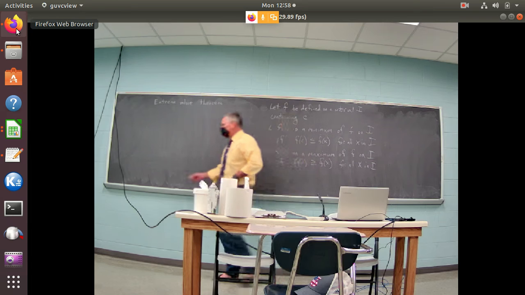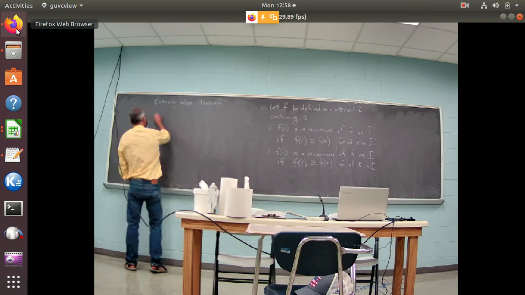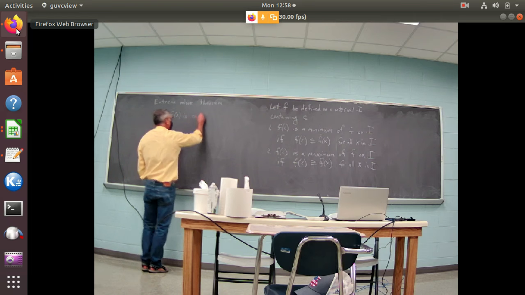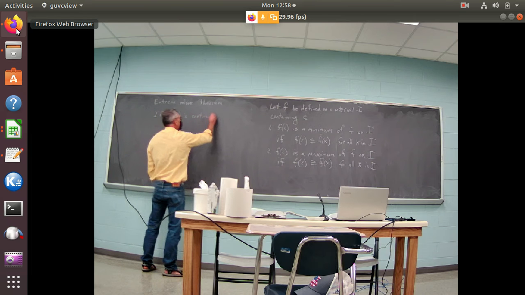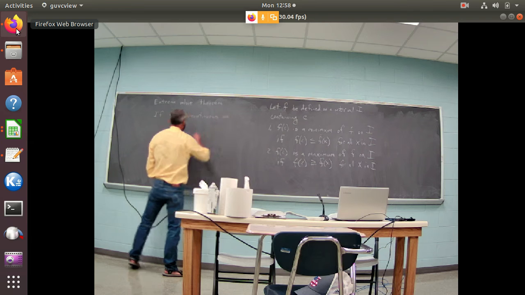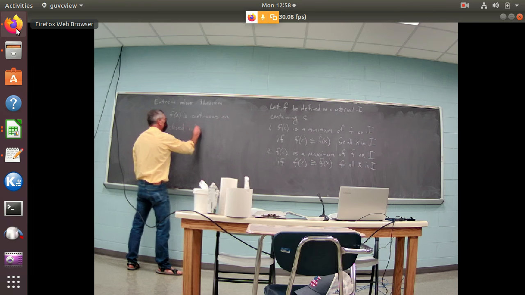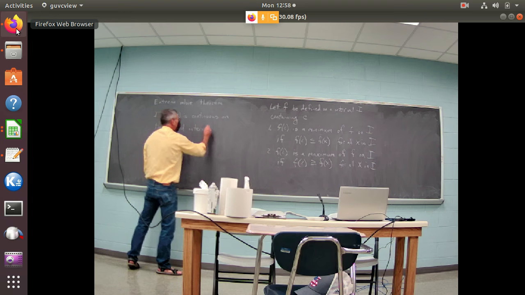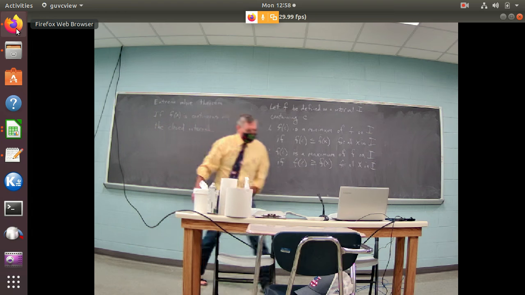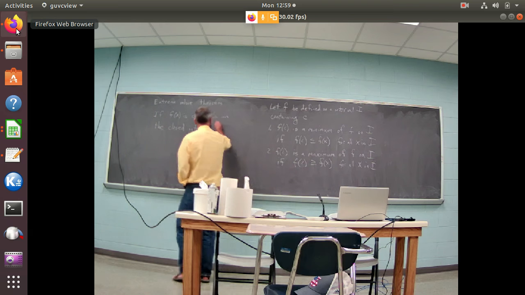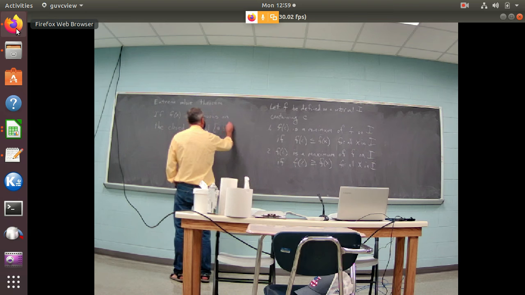Similarly, though, if f of x is continuous on the closed interval, I don't remember if they call it I again or AB or what. Oh, interval AB. So they call it AB.